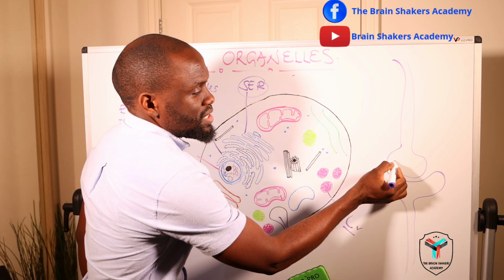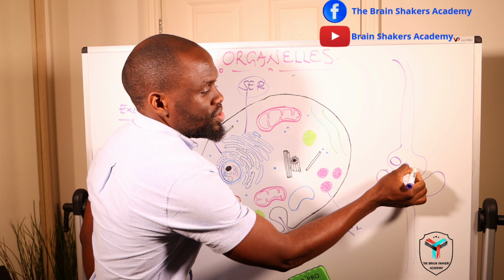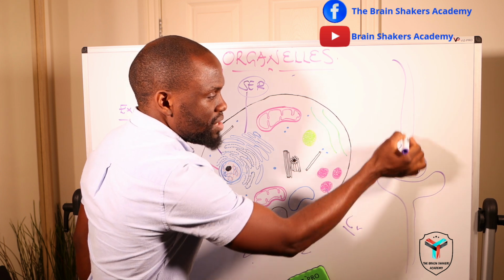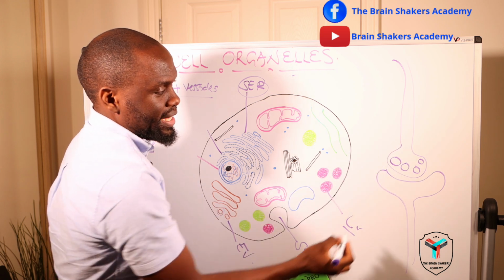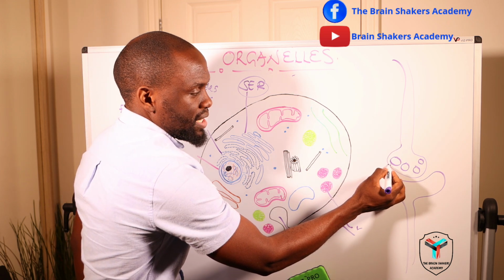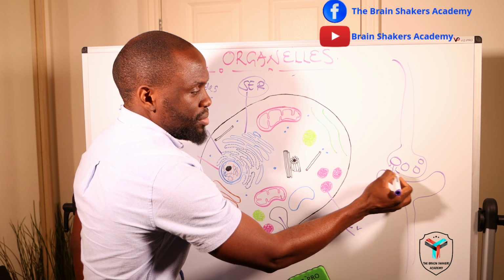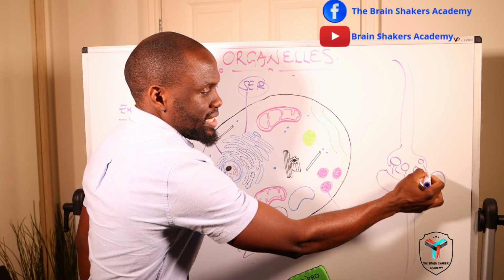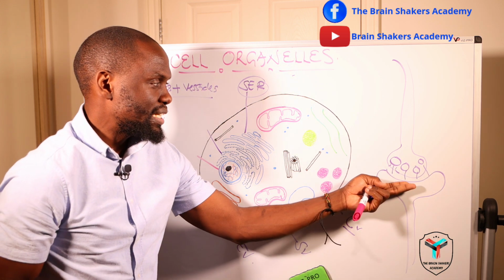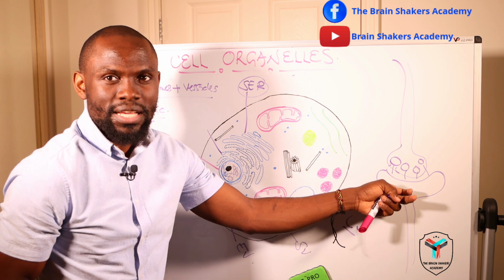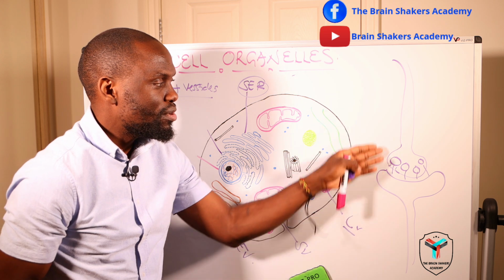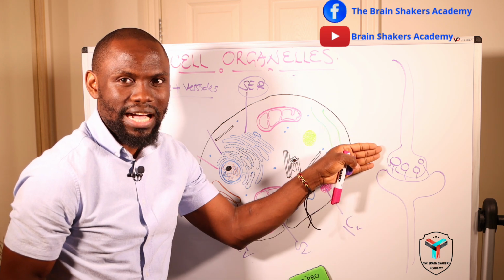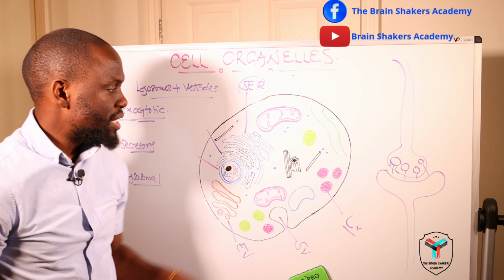The neurotransmitters are usually packaged into vesicles that will then move towards the telodendria, so that when they fuse with the plasma membrane, they'll be able to release their acetylcholine straight into the synaptic cleft and then excite the postsynaptic neuron. So this is a classical example of how the secretory vesicles come into play.